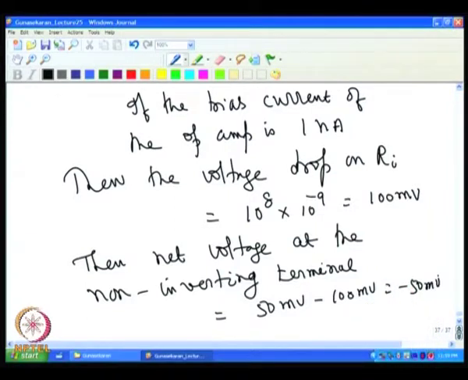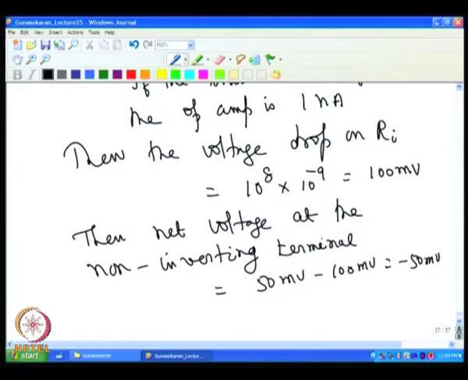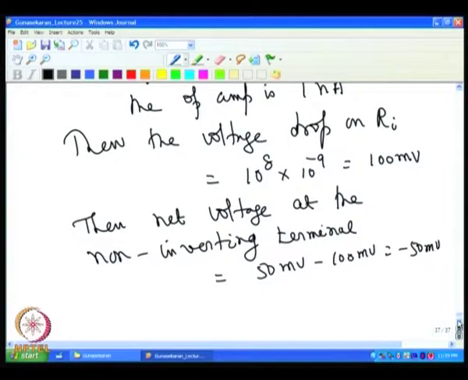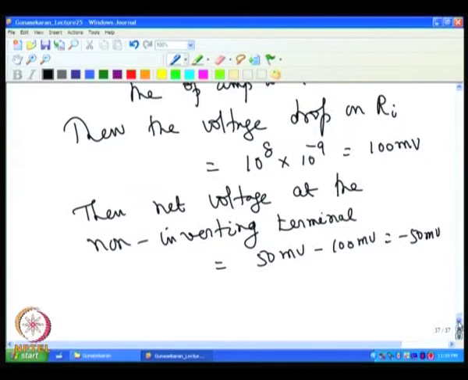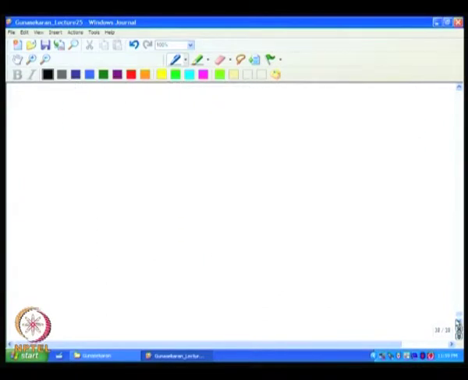This is a huge error. The input voltage polarity itself had changed. So, a 100 millivolt error comes because of the bias current.